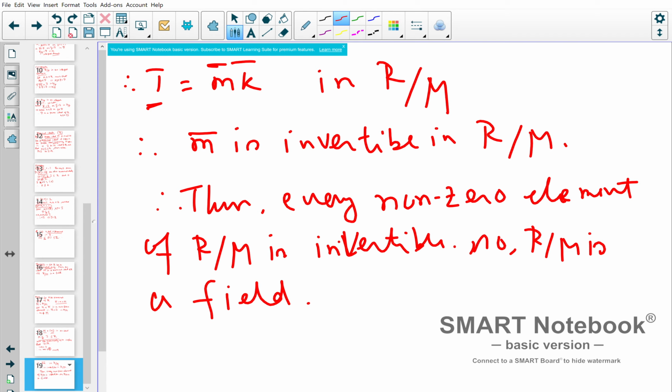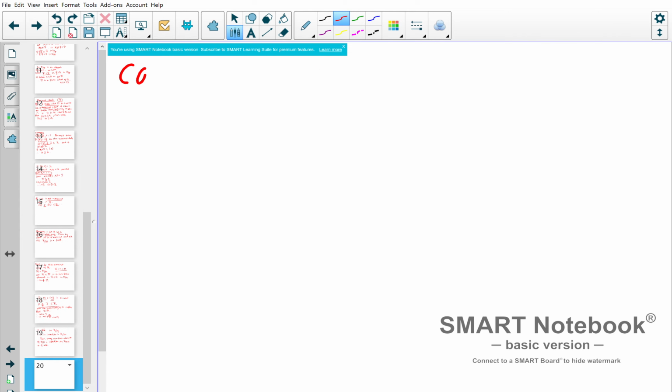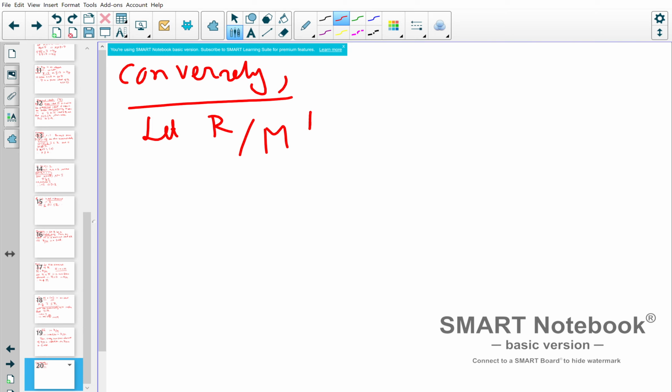Now conversely, you need to give the converse proof also. So conversely, let R mod M be a field.